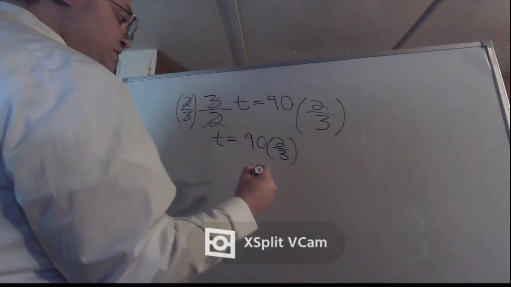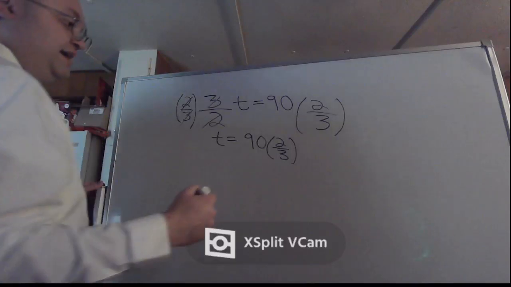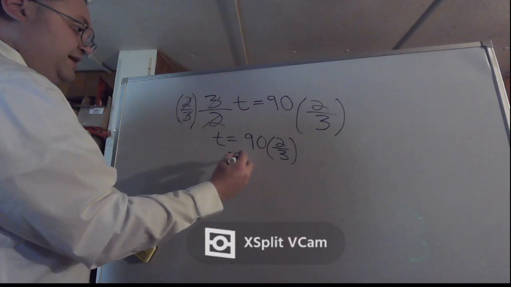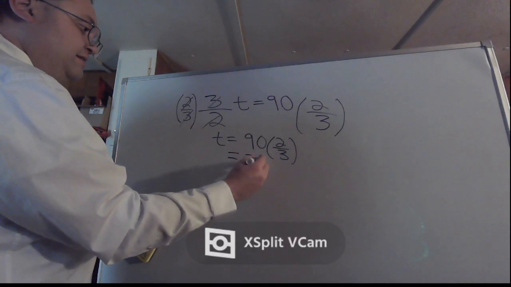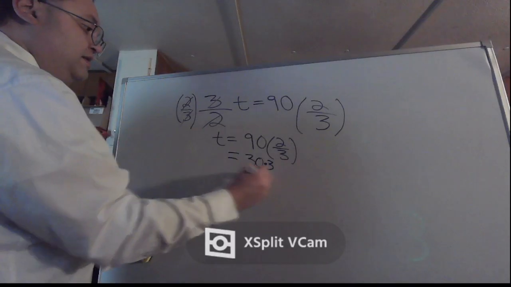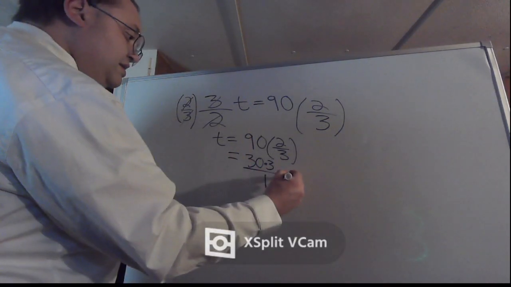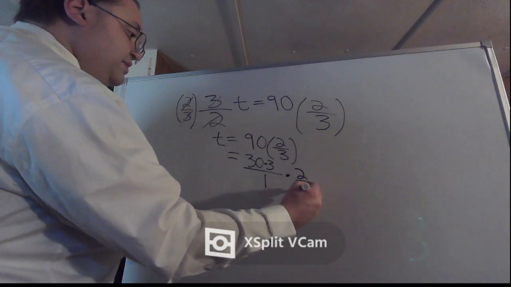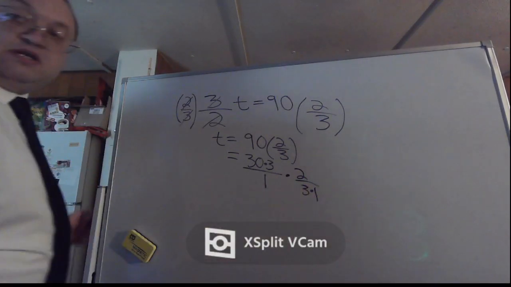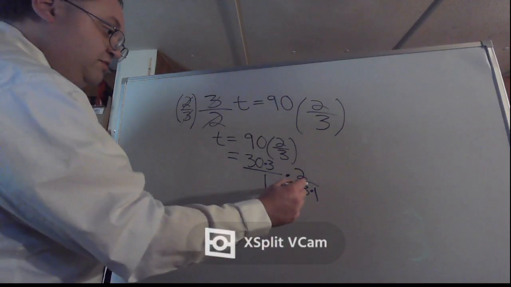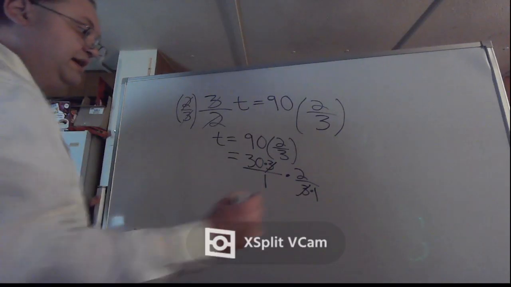So 3 goes into 90 how many times? It goes in 30. So you'll have 30 times 3 all over 1, because 90's over 1, times 2 all over 3 times 1. Those are your factors of 3. Well, we have a common 3 that'll cancel out.